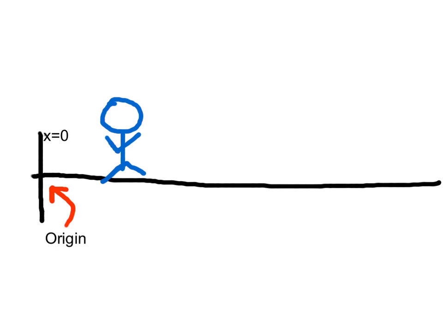You've got to say there in relation to something else. He's 5 meters from the door. He's 12 miles from my house. You've got to relate it to something. And whatever that from is, like where I said 12 miles from my house, in that case I use my house as the origin.